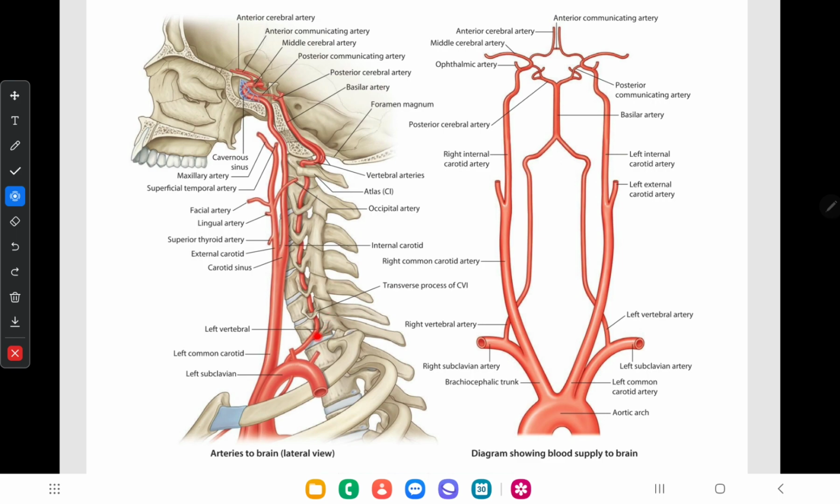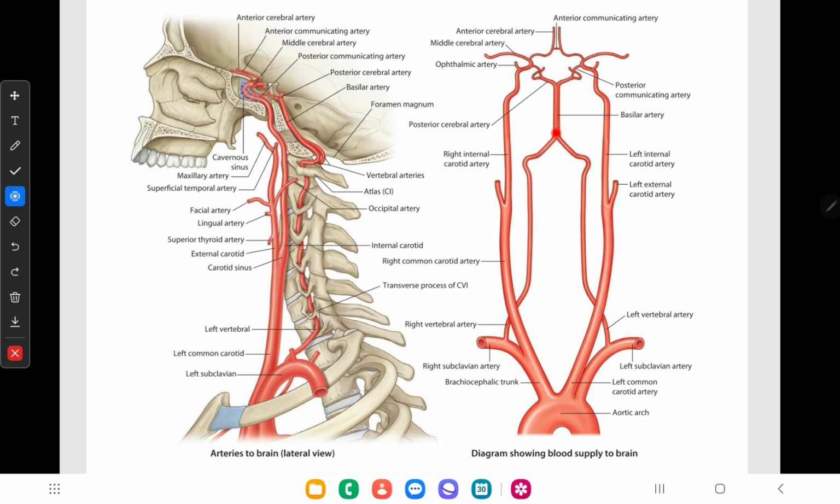It passes medially above the posterior arch of the atlas. Here you can see this is the atlas. Then it ascends to the foramen magnum of the skull and forms the basilar artery by joining the two vertebral arteries.